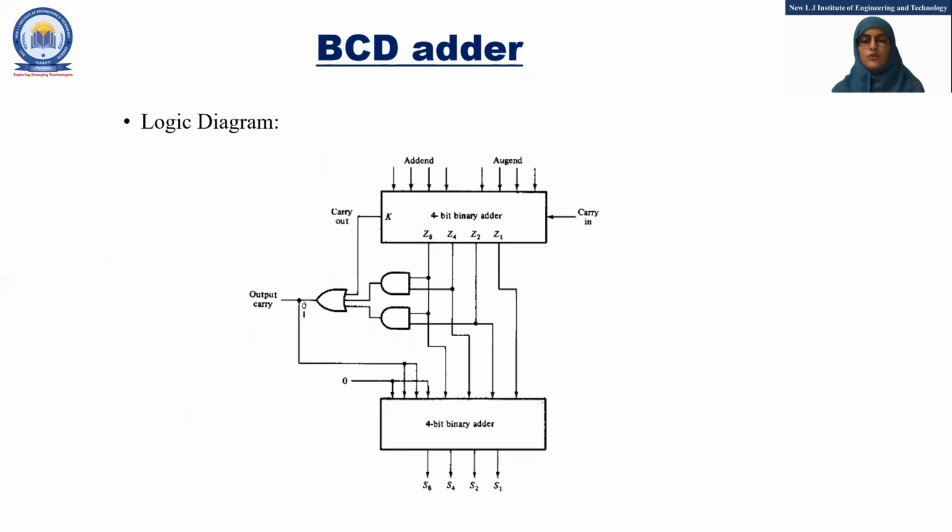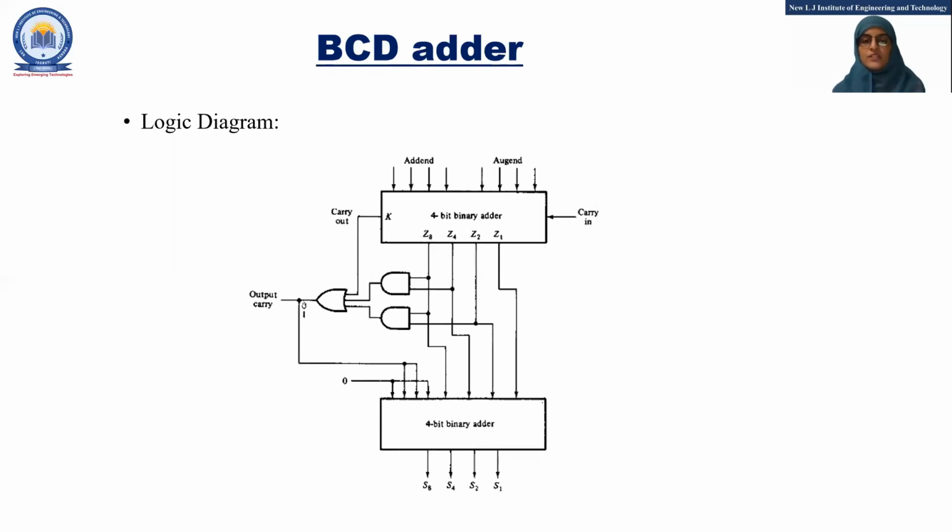Here, two numbers A and B will be the input to the 4-bit binary adder. So A will be 4 bits and B will be 4 bits. This addition will be the binary addition and it will produce the binary sum Z8, Z4, Z2 and Z1.